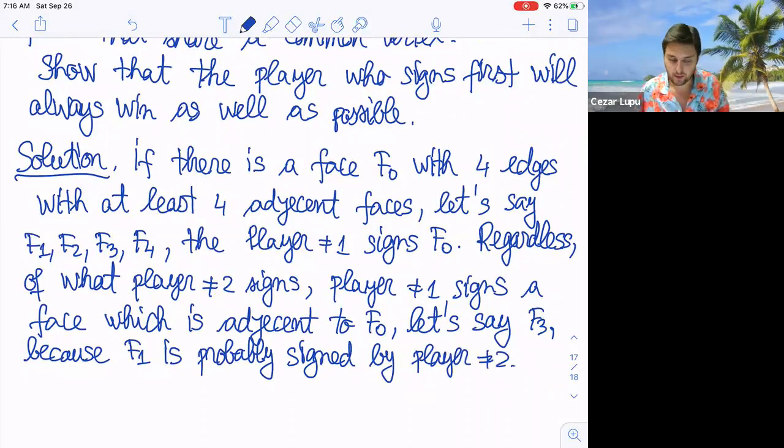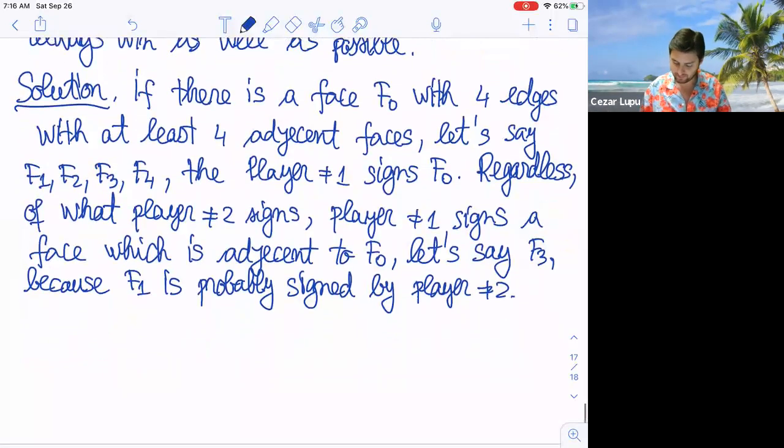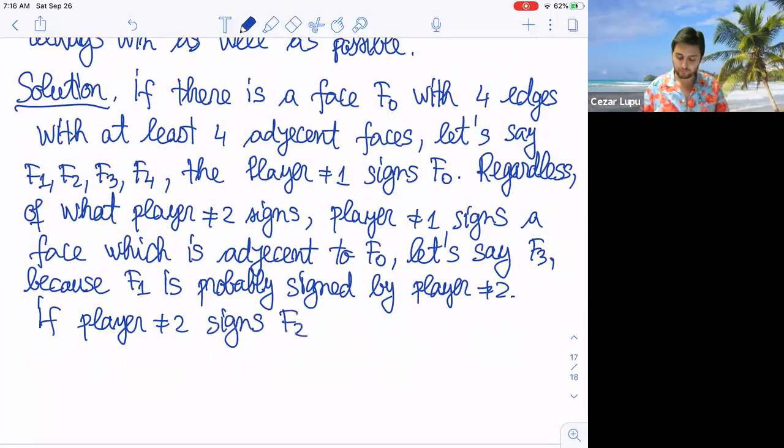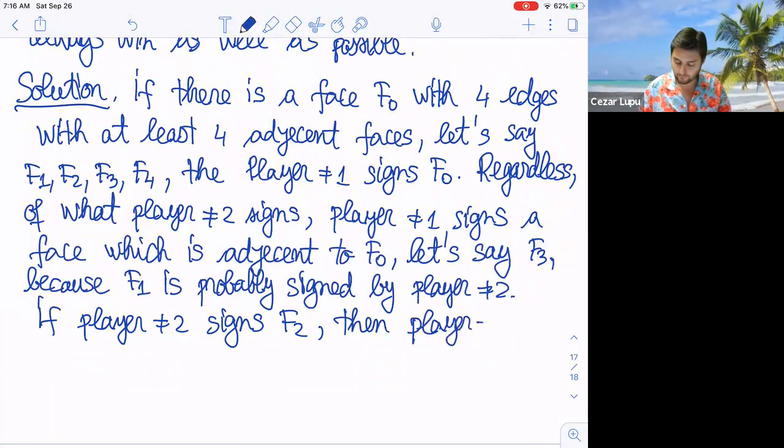All right. Now, if player number 2 signs F2, then player number 1 wins by signing F4.